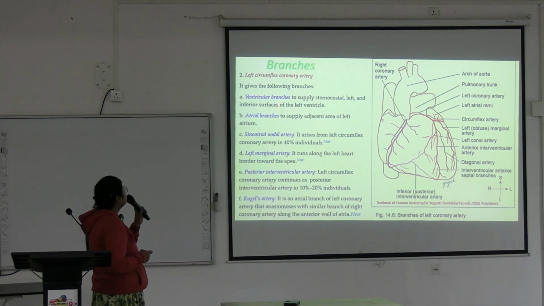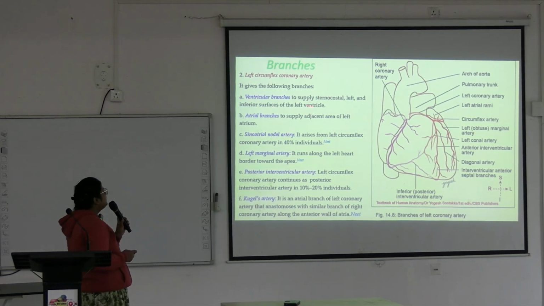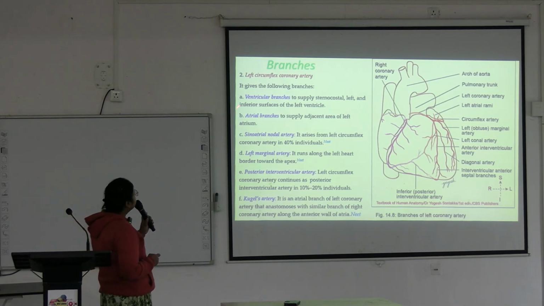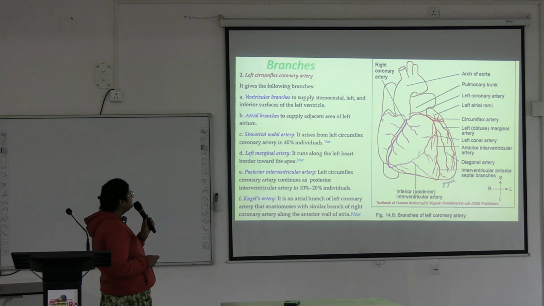Next we go to the branches of the left circumflex coronary artery. It gives ventricular branches to supply the sternocostal, left and inferior surfaces of the left ventricle, and atrial branches to supply the adjacent area of the left atrium. The sinoatrial nodal artery arises from the left circumflex coronary artery in 40% of individuals.